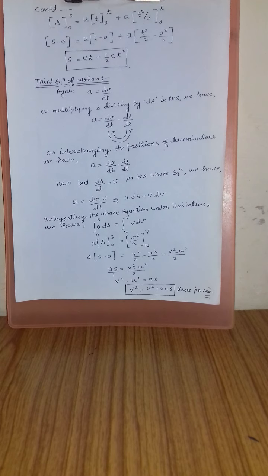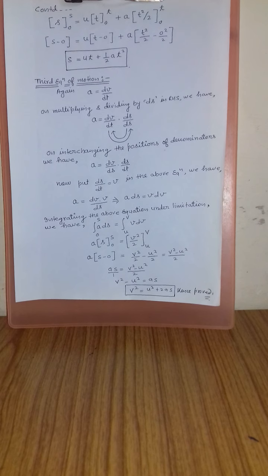Okay, now multiplying and dividing by ds on the right hand side, we have a is equal to dv over dt into ds over ds. Okay, now you can see on the page we will interchange the positions of the denominators. Okay, we have a is equal to dv over ds into ds over dt.